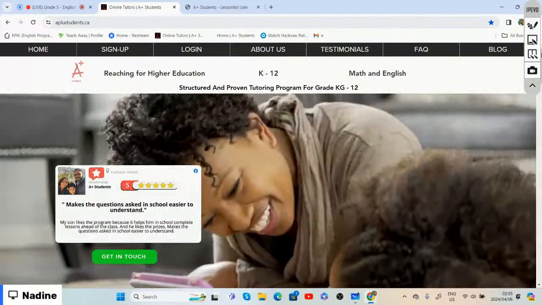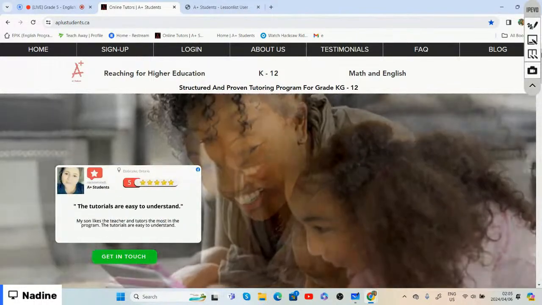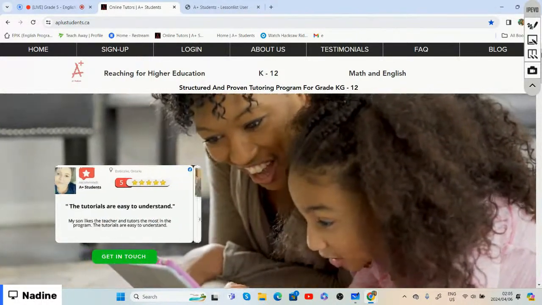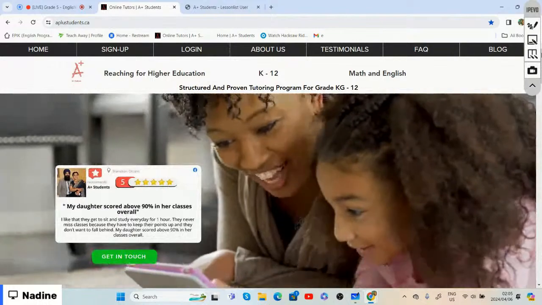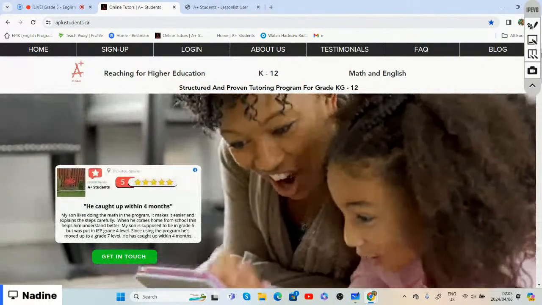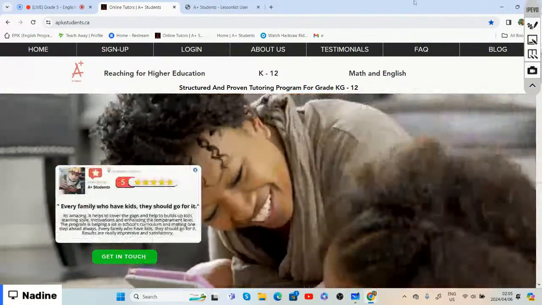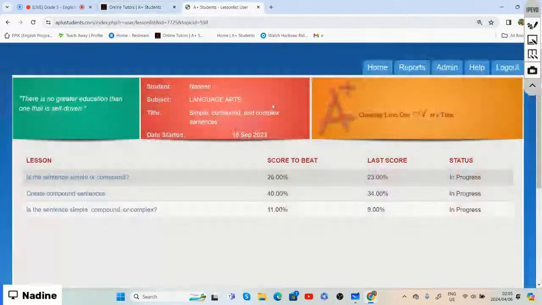Then we're going to scroll down until we get to the chapter of simple, compound, and complex sentences.